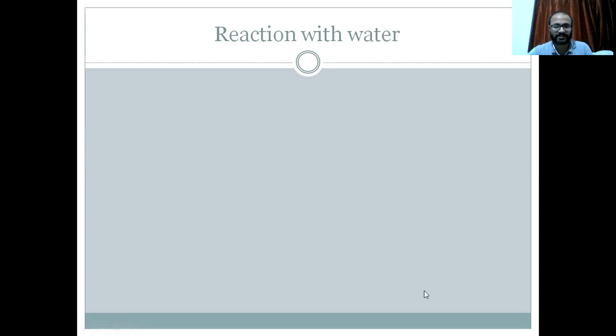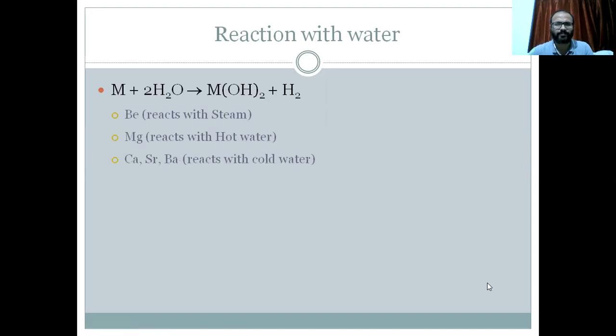In a similar fashion, what you'll find here is that your metal reacts with water to form the corresponding metal hydroxide, and the hydrogen gas evolves.